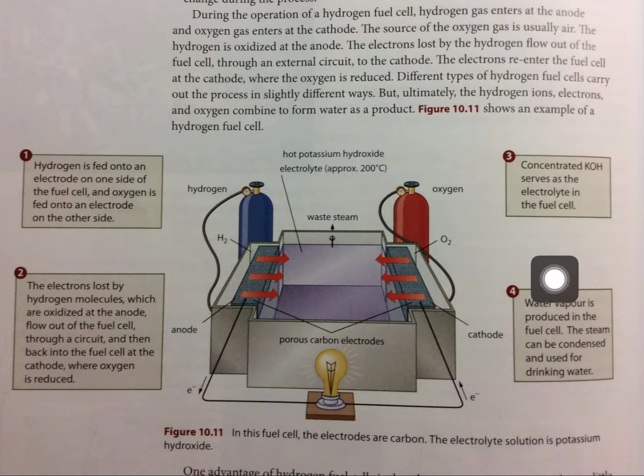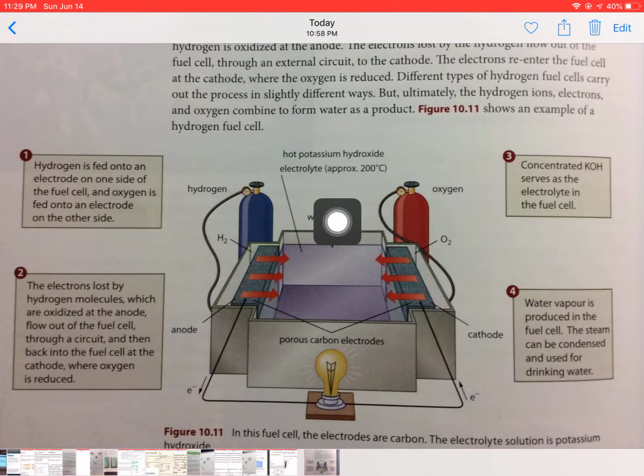Now, one of the big differences between this cell and the galvanic cell that we just looked at is that it's not closed. It needs to be open to allow us to add more reactants and to allow the product to escape. The other thing we do differently here is we use electrodes that aren't going to get bigger or smaller.